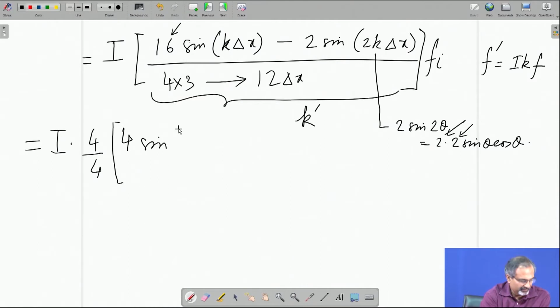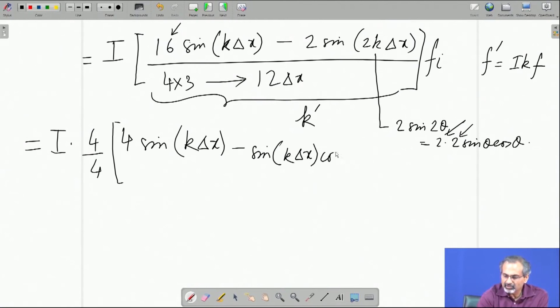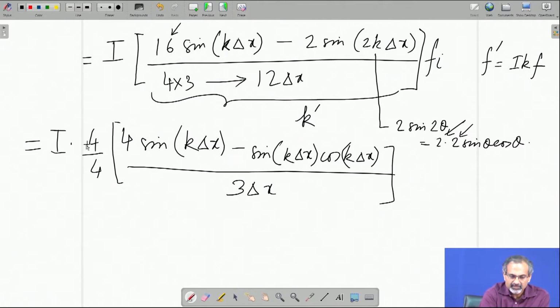So, you have 4 sin k delta x left with the first term, and you have sin k delta x cos k delta x by 3 delta x times f I. So, we have arrived at the expression for k dash.